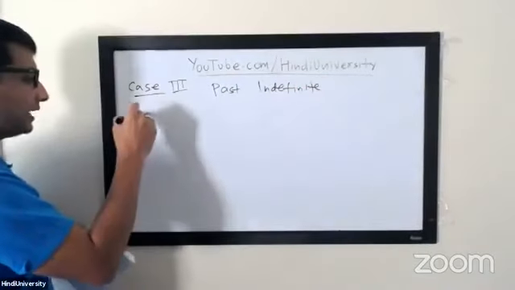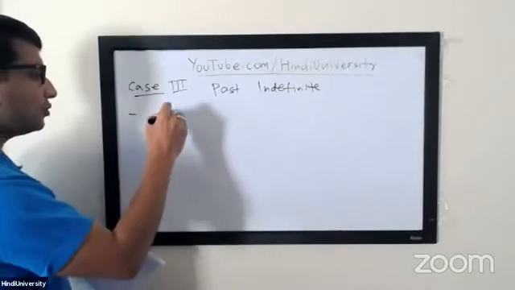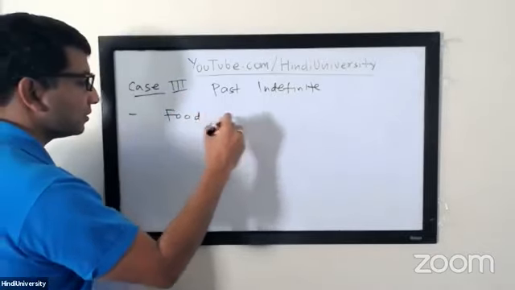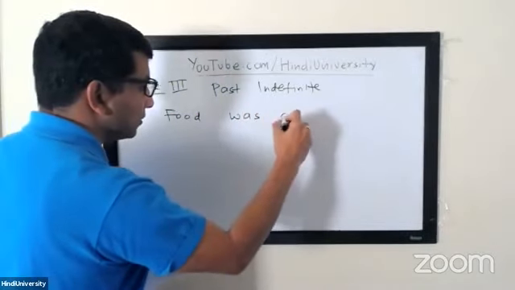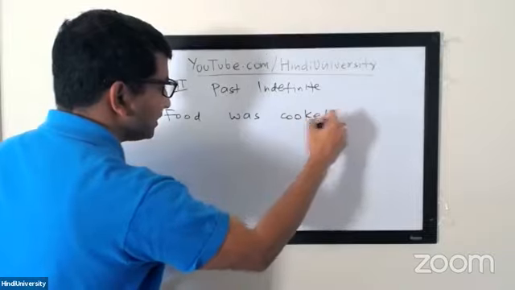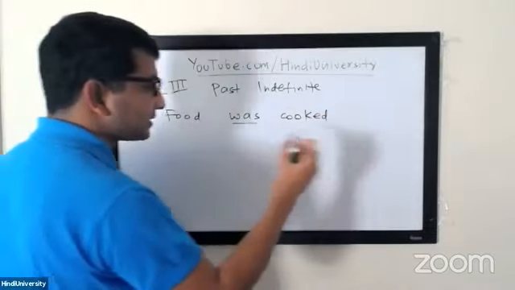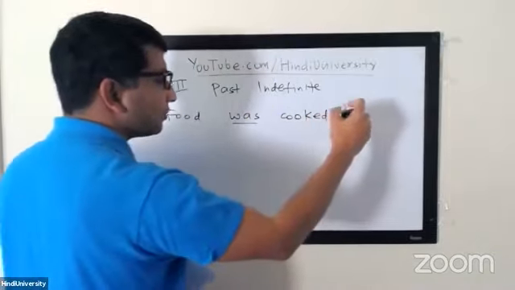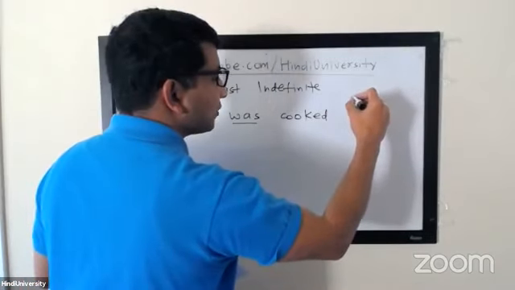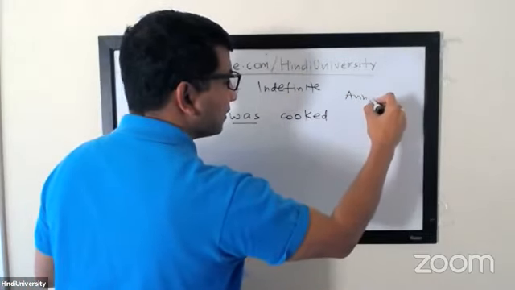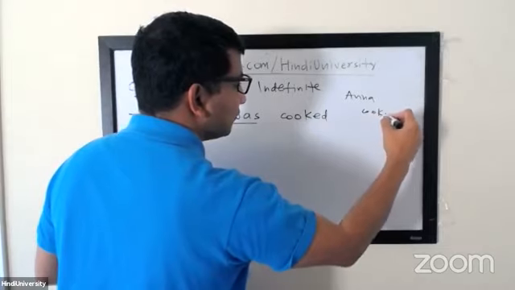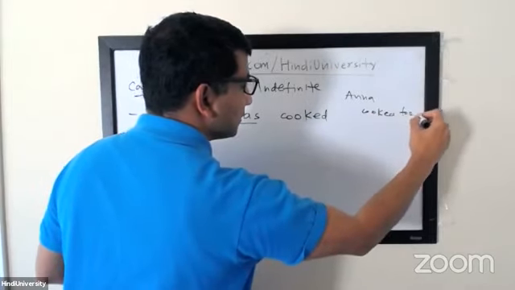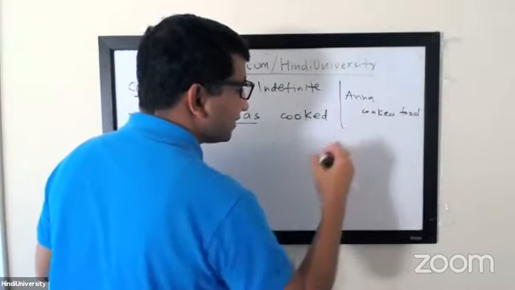Okay, I'm going to write down a different example, like food was cooked. You see that it's past tense, it's past indefinite. If you want to say Anna cooked food, this is the sentence written in past indefinite.